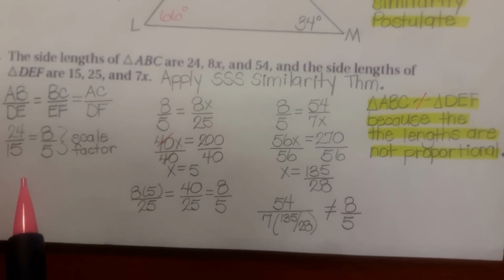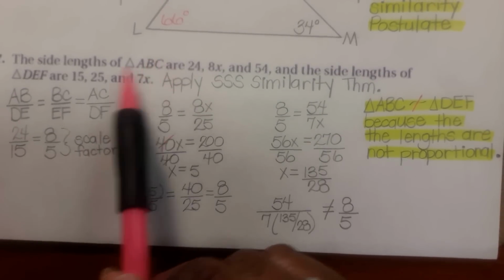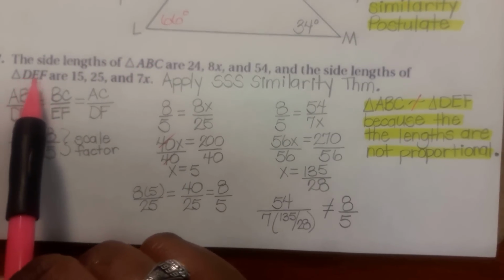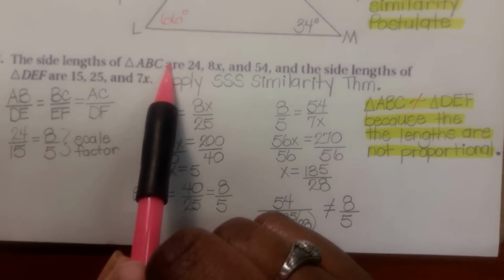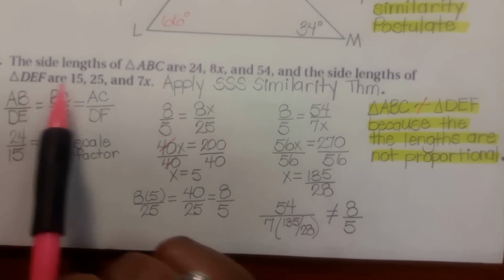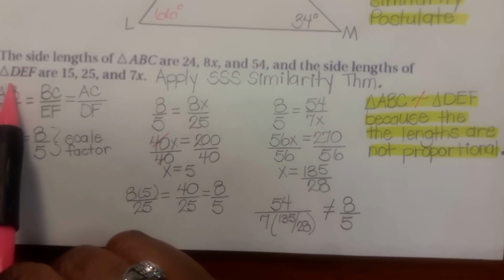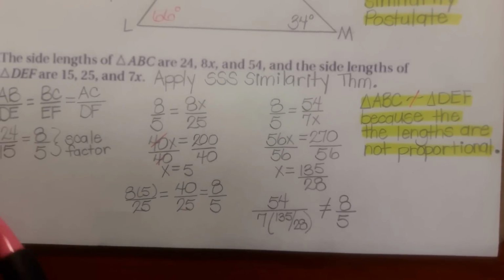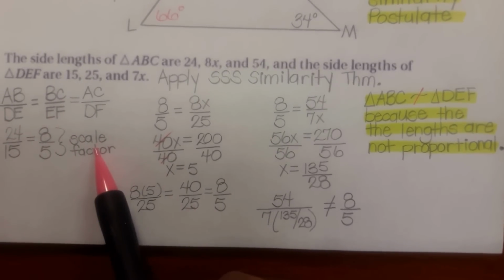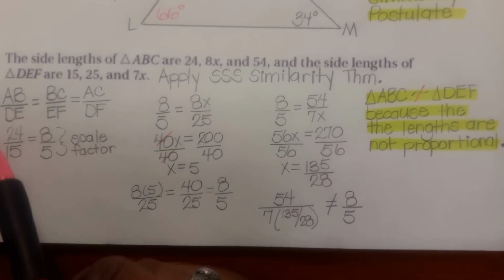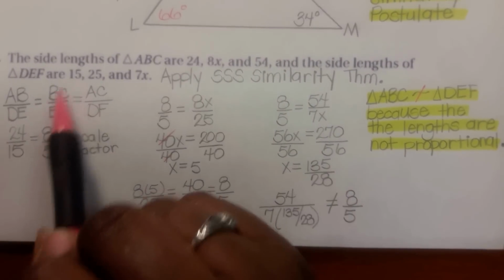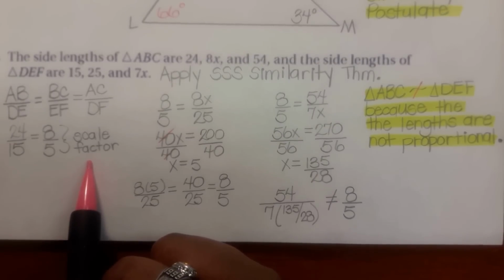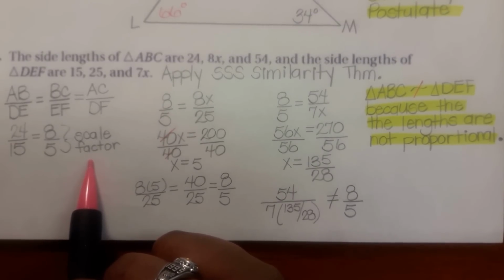So by looking at the information, I know AB corresponds with DE, BC corresponds to EF, AC corresponds with DF. So that's what we're assuming, that they correspond. So when I find my scale factor, I'm going to say, okay, well, I have 24 over 15, and that simplifies to 8 over 5. So that's going to be the scale factor that I'm looking for my other three parts.